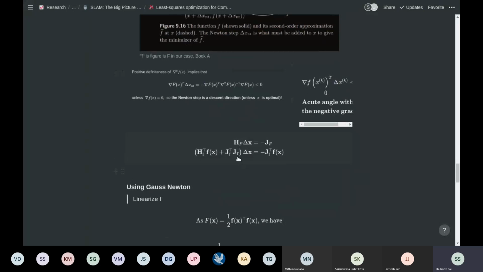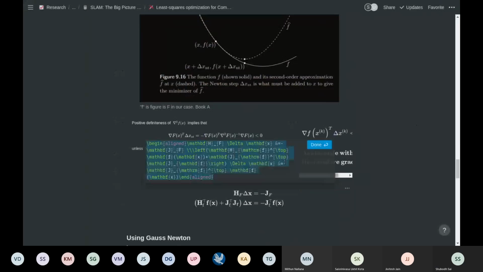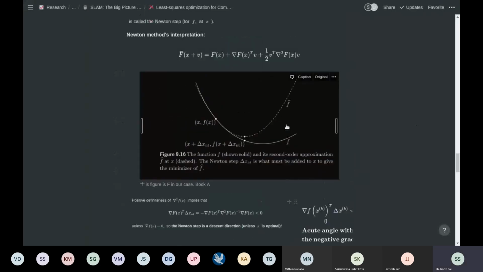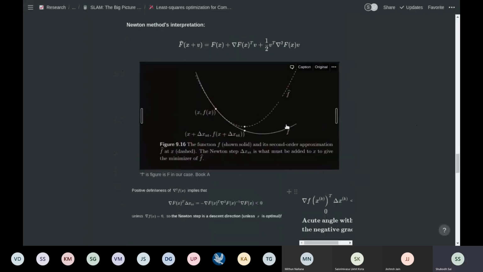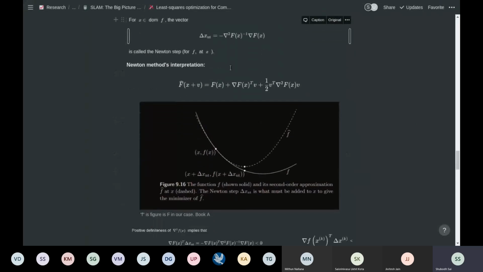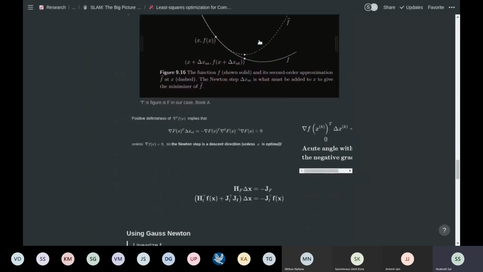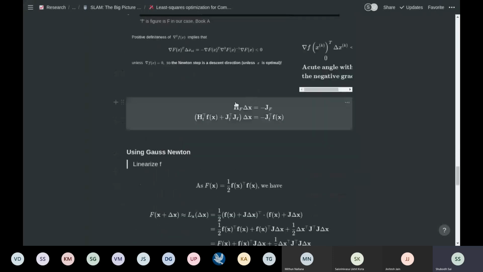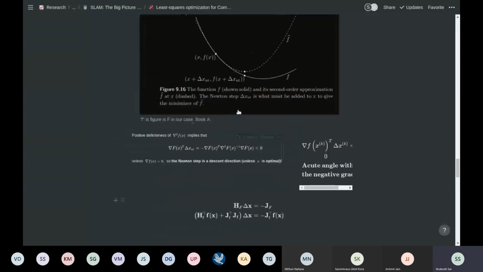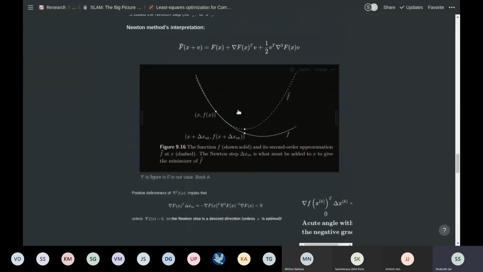So this is again the same, I'm just using different symbols here. Over here, whatever this thing was, I'm representing it with H, or Hessian in other words, and this I'm representing with Jacobian, the gradient as Jacobian. So this is for any general function, our minimization function.